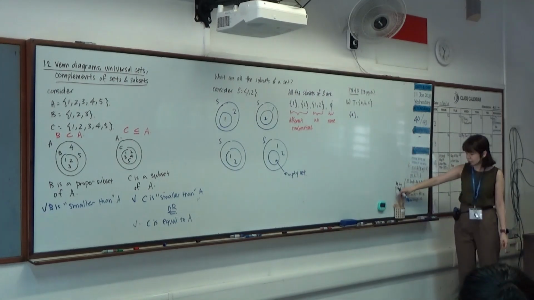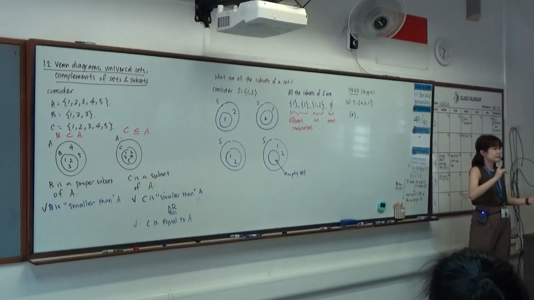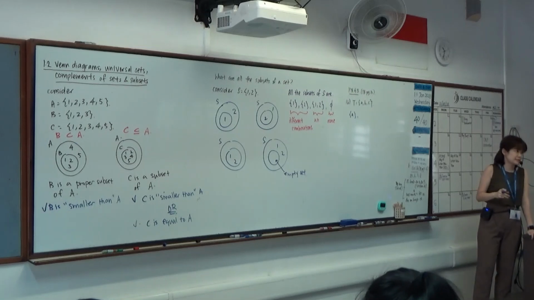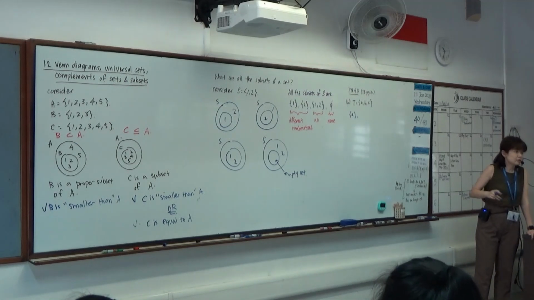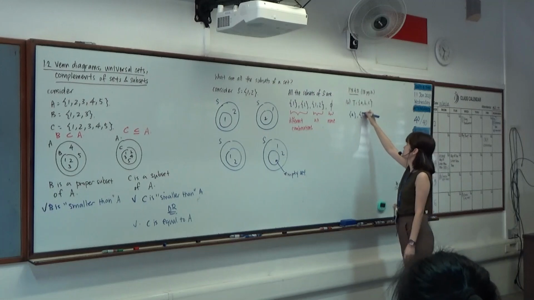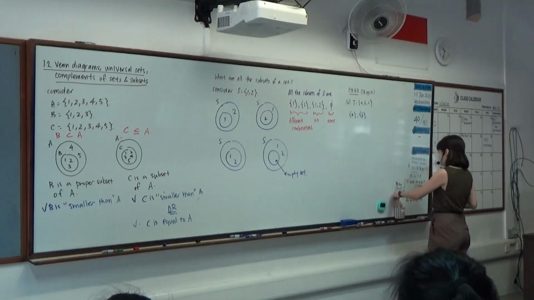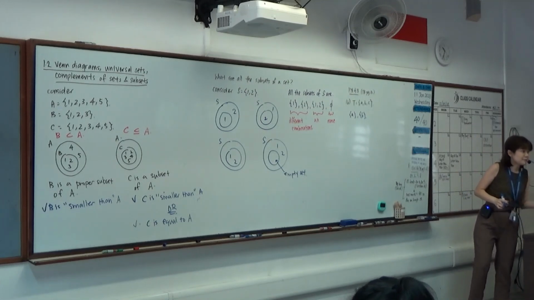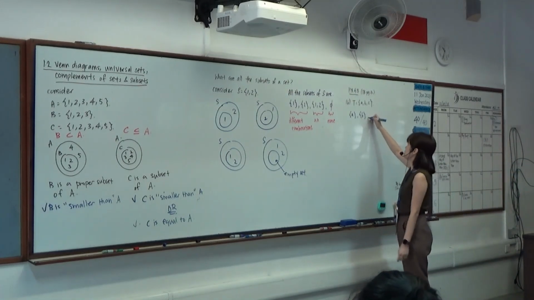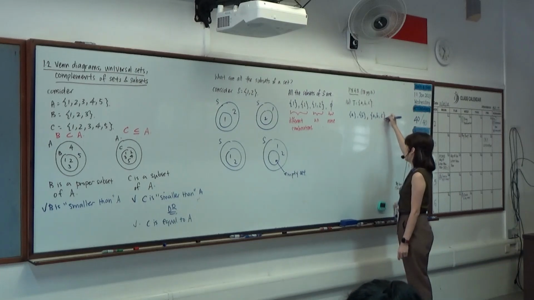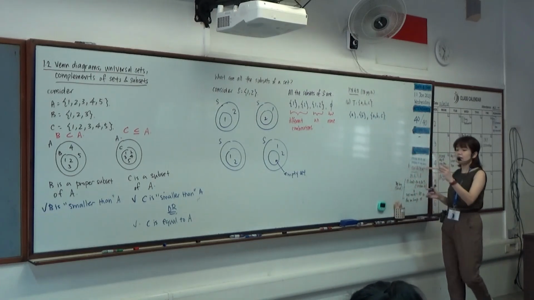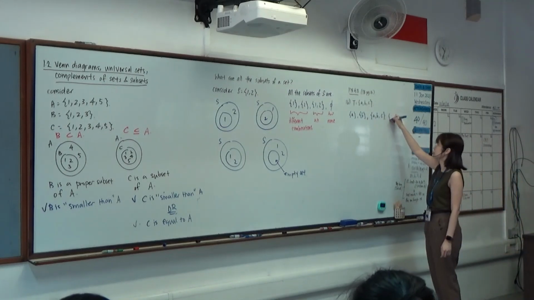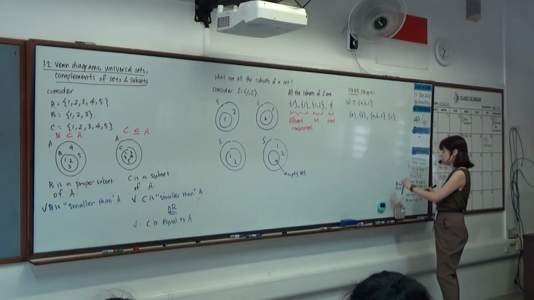Okay, let's choose another person. Tell me one possible subset. A, B, okay. Another person, Carrie. ABC, okay. And then Jovia. C. What else?